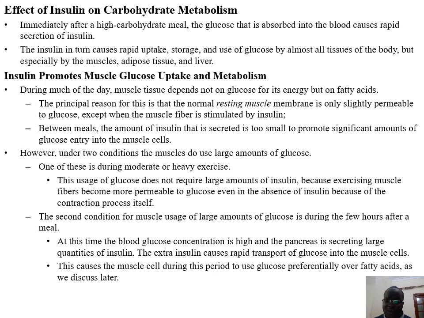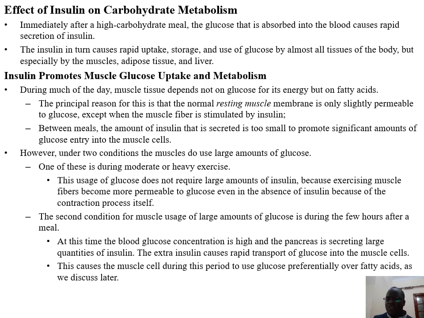This causes the muscle cell during this period to use glucose preferably over the fatty acids. So you'll be using much of the glucose rather than the fatty acids, because now it's after a meal, and you are secreting a lot of insulin.